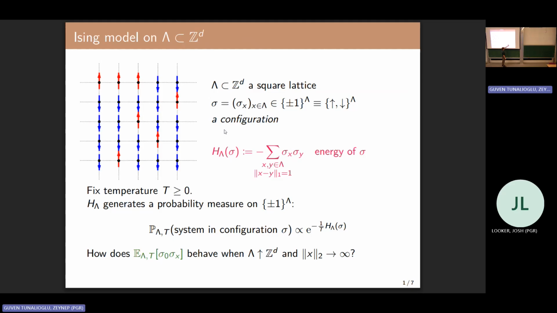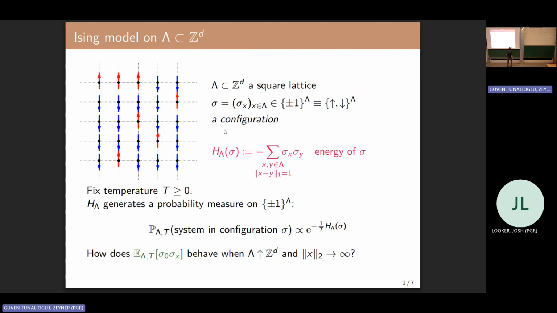Very briefly, this probability shows that if you look at two blocks that are very far apart, the probabilities of each block being in some configuration will be independent.